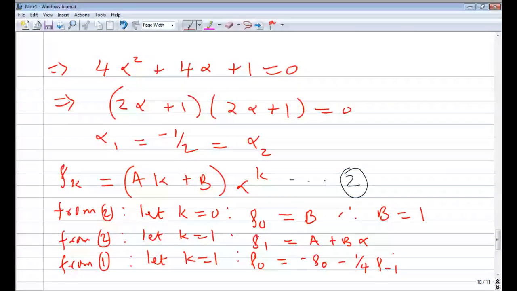Sir, on rho 1, won't it be A alpha plus B alpha? Isn't the alpha multiplying both the A plus B inside the bracket? Oh, yes.